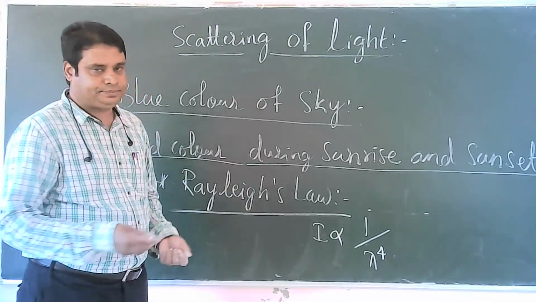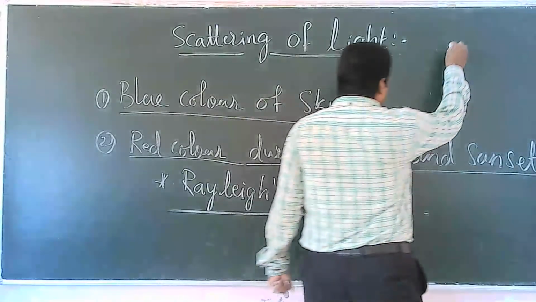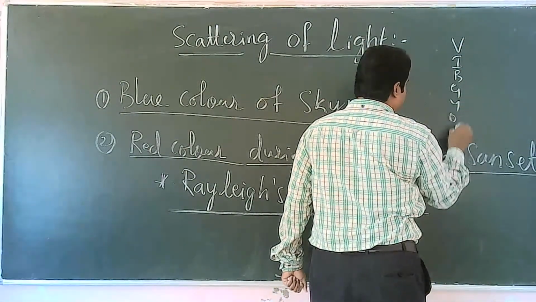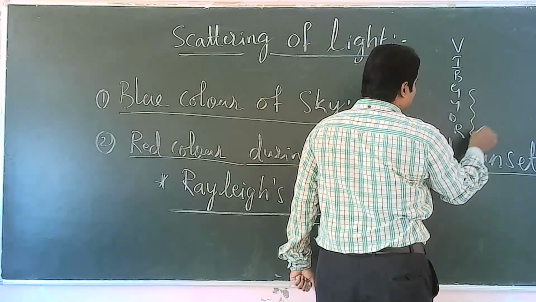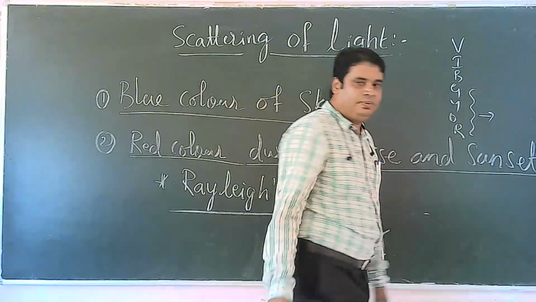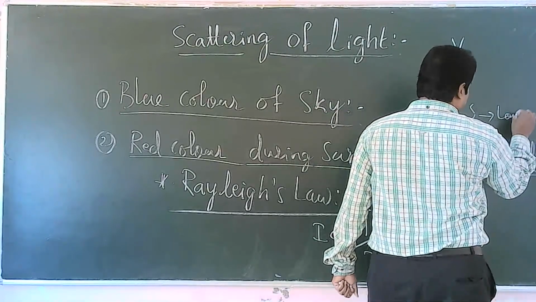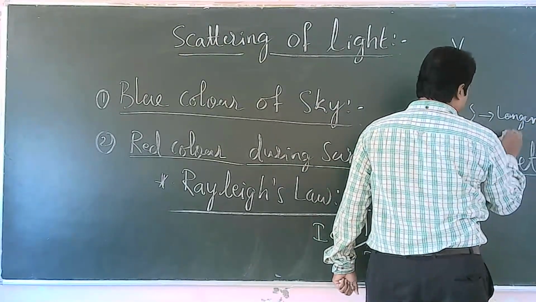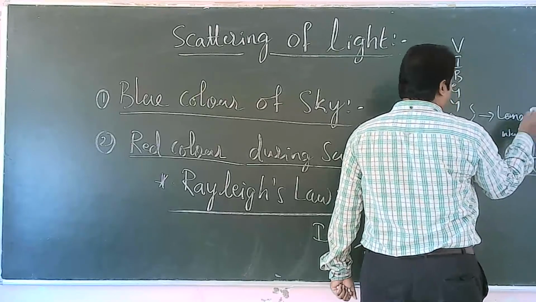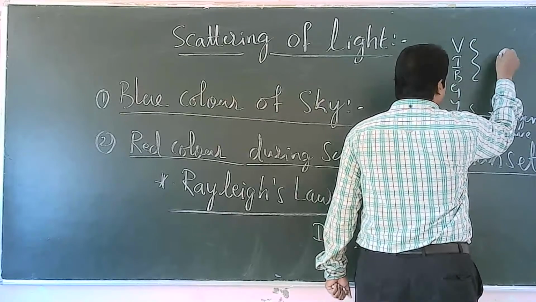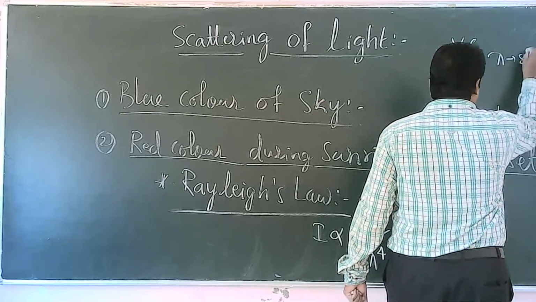These are lights of longer wavelengths, or longer lambda. These are lights of shorter lambda.